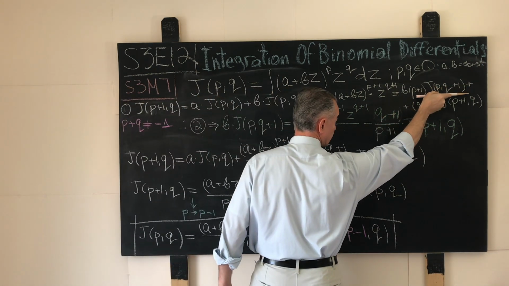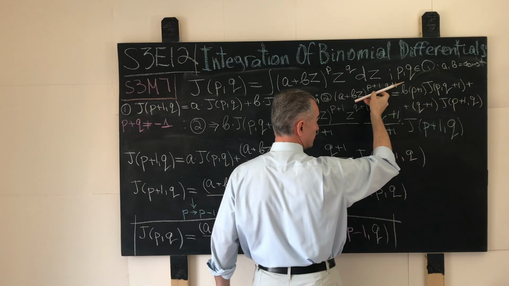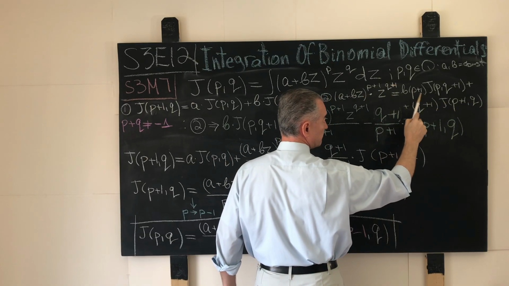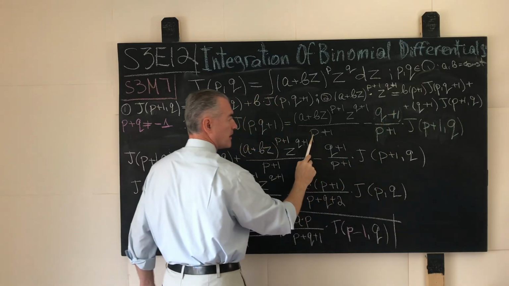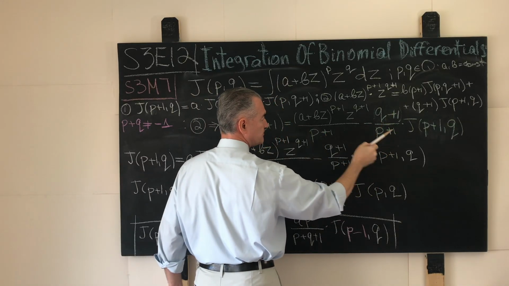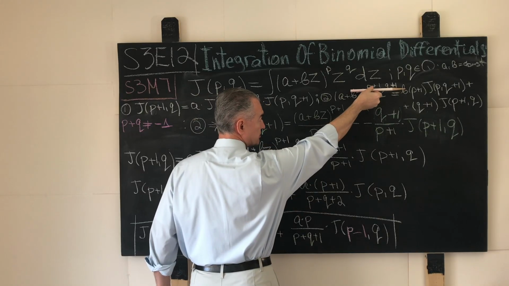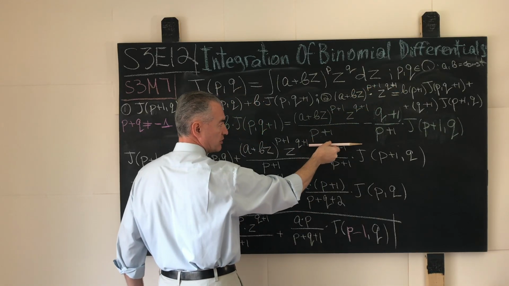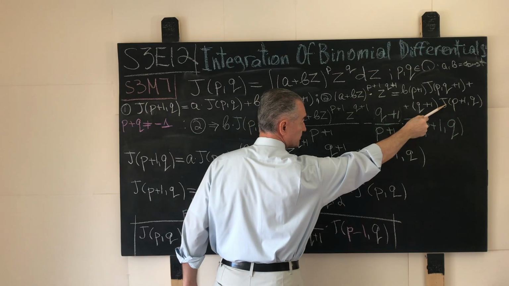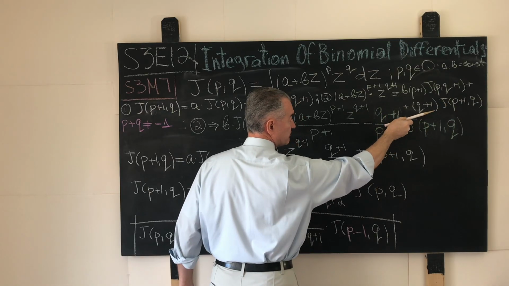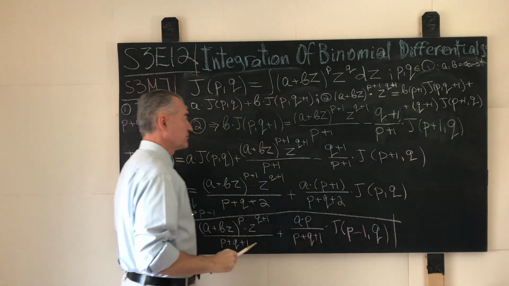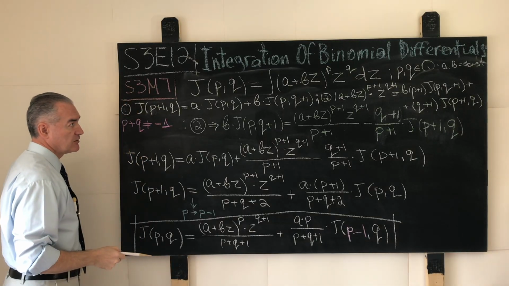So we grab this guy, move this summand to the left-hand side of the equal sign, divide everything by p plus 1, and this is what we have over here. This summand goes here divided by p plus 1, and then this summand comes here divided by p plus 1. So that's what we have. This is it. Game over.